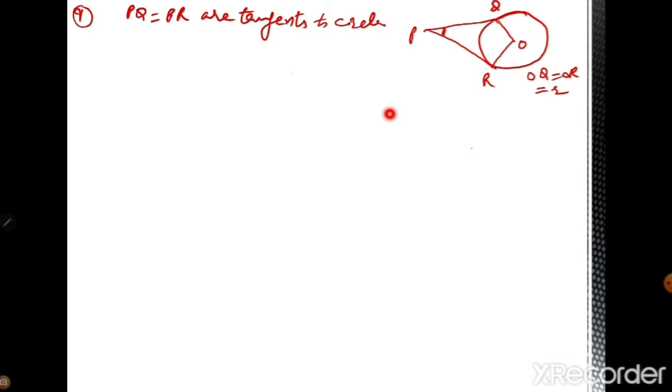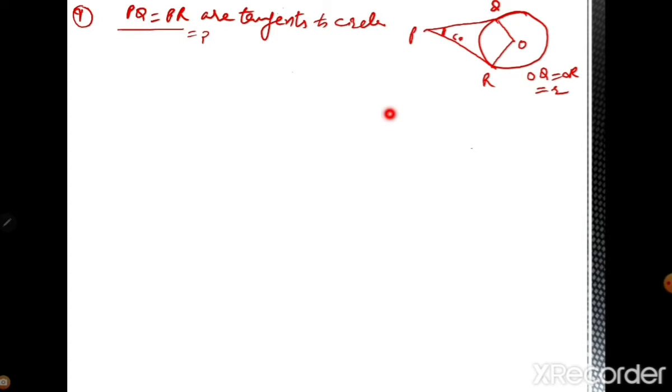Both tangents are inclined at an angle of 60 degrees, so this angle is 60 degrees. Then find the length of each tangent. You have to find PQ or PR. If we find one, the other will also be the same, because both are equal tangents from the external point to the circle.